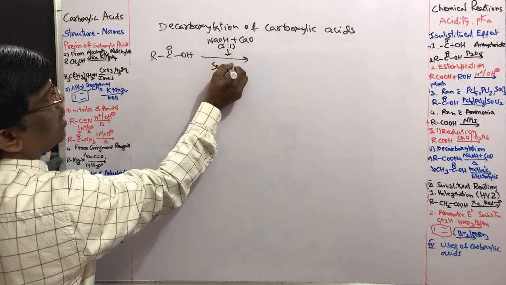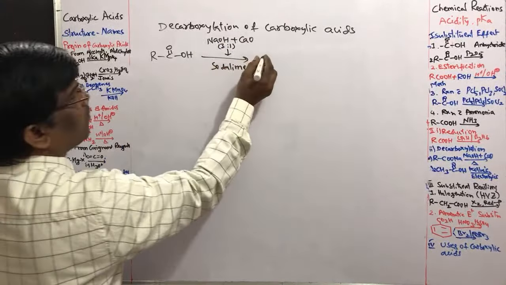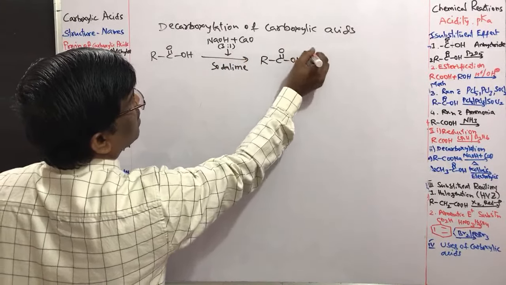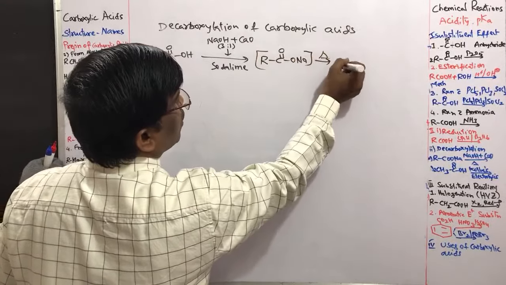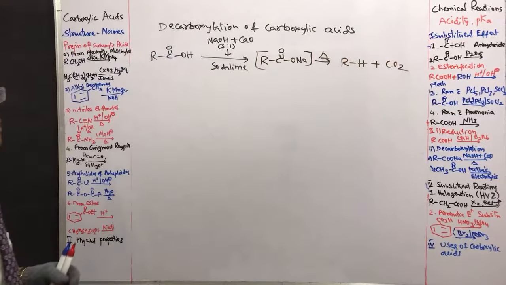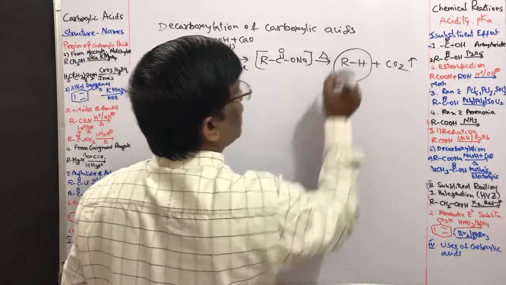This is going to first form the sodium salt, and when I heat this sodium salt, it is going to lose carbon dioxide. So this carbon dioxide goes out and you are going to get alkane.